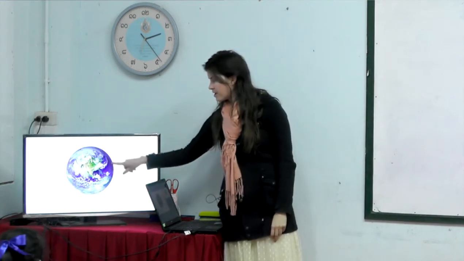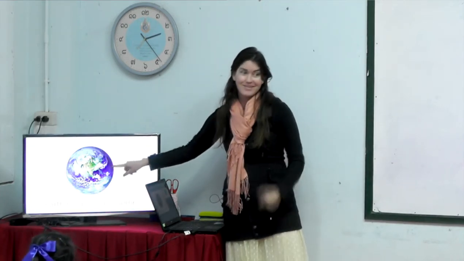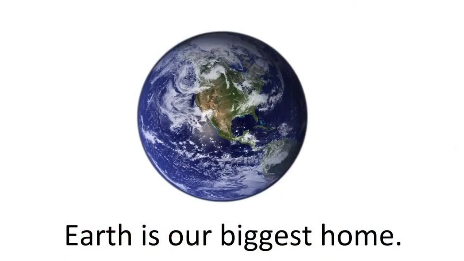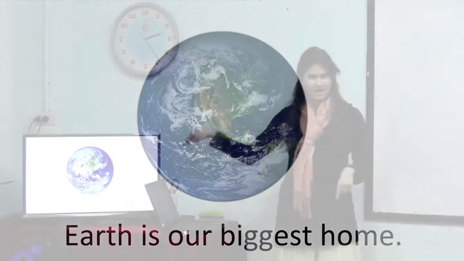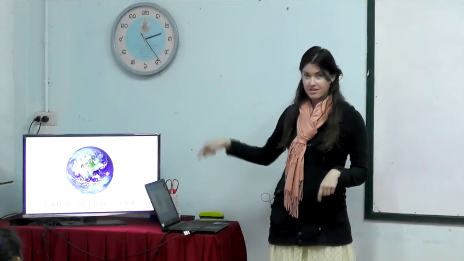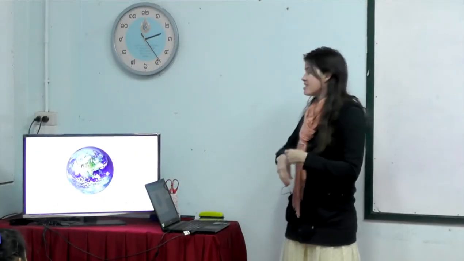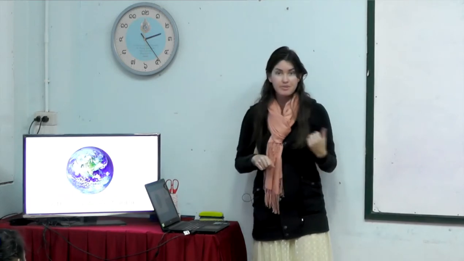What about this blue part? What do you think this is? Yeah, one of them is water. Do you know what we call this green and brown part? No. That's a good guess. We call this our land. Land. Yeah, land is the things that we can step on, and we can walk around. Can we walk around on water? No, we go right into that water. So we know the water part is blue.